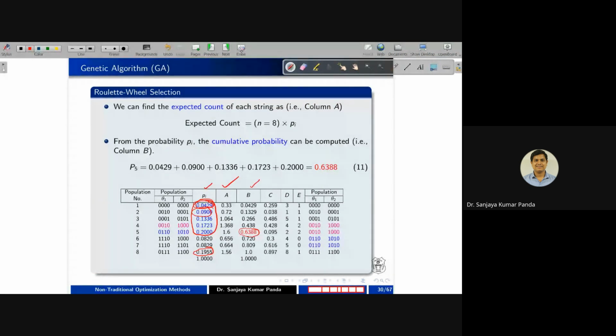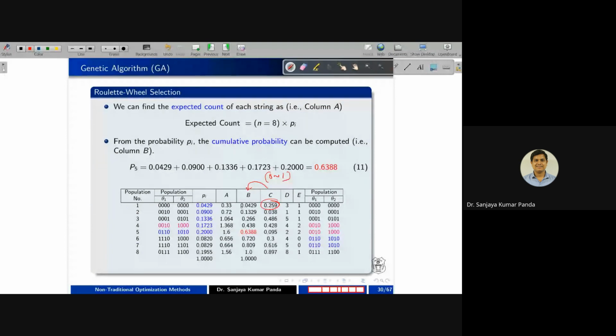And what is C? C is generating a random number in the range of 0 to 1. Any random number you can generate in the range of 0 to 1. Now, what is column D? For example, you generate 0.259. After generating a random number in column C, you go to column B and find where 0.259 lies.